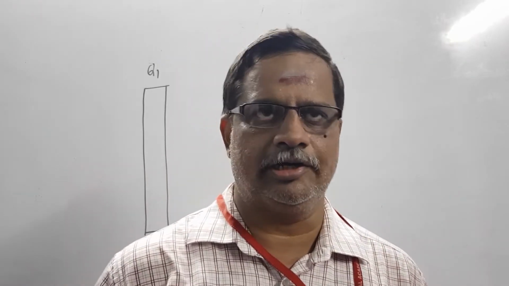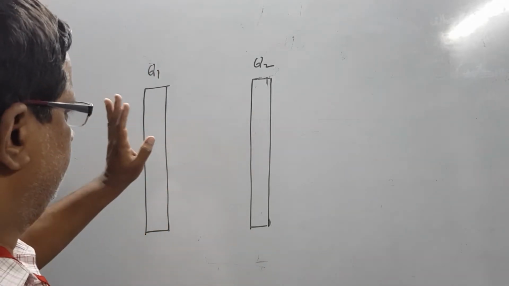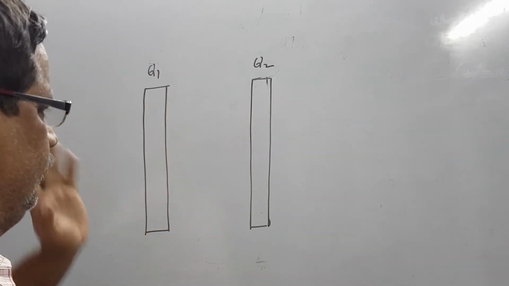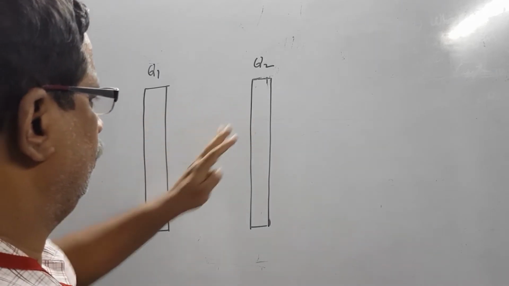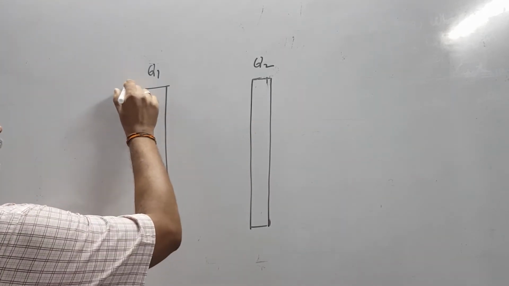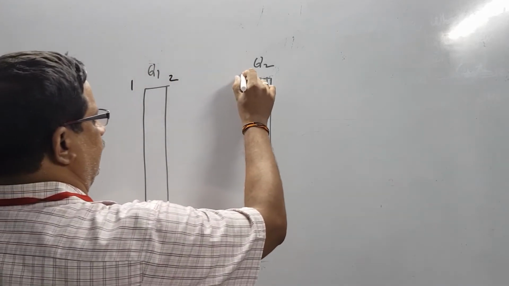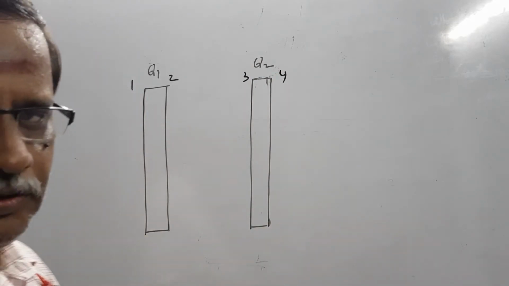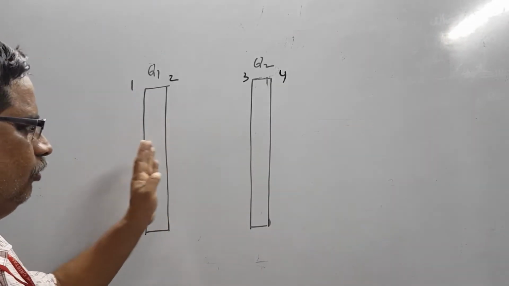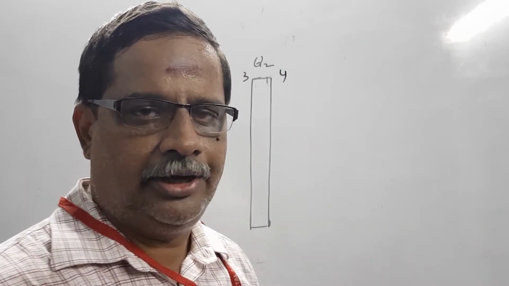Now we will extend our treatment a little further. So now again we have two metallic plates of charges Q1 and Q2. We want to find the charges appearing on both surfaces of the plates, that is 1 and 2 on this plate and 3 and 4 on this plate. We already have the result that the facing surfaces of the sheets will always have charges which are equal and opposite.